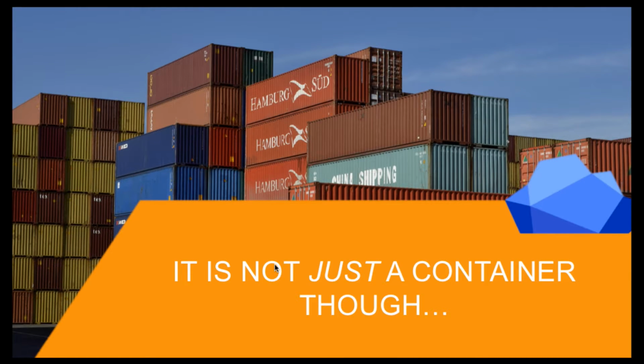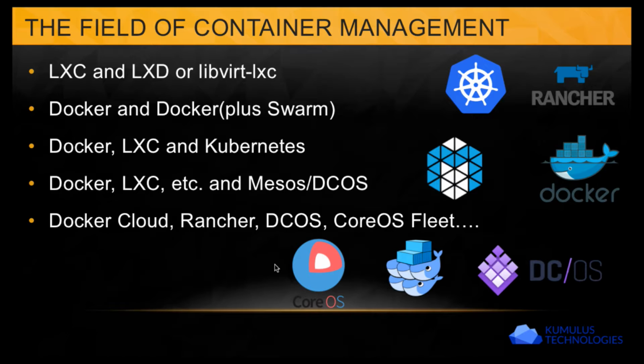But it's not just containers that we're talking about, right? This operations requirement really leads us down the path of considering the container management field. Here we see things at the lowest level, the CLI and API-based level, things like LXC with LXD. LXD is really a RESTful API on top of LXC, but it makes it potentially easier to consume, especially programmatically.